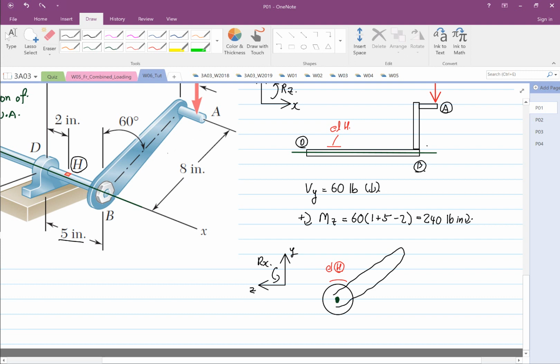You have this, and it's coming down on a P. So we have a P coming down here, vertically down, and this is 60 pounds.